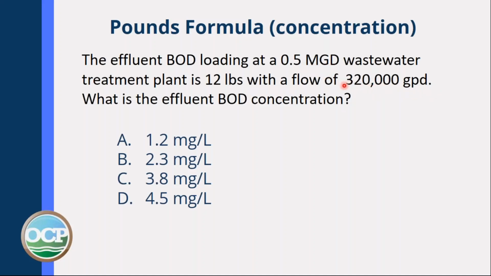So you're going to have to convert this into million gallons per day before you can solve the problem. So again, I'm going to give you some time to do this. Pause the presentation, take the time you need, and then you can restart it.